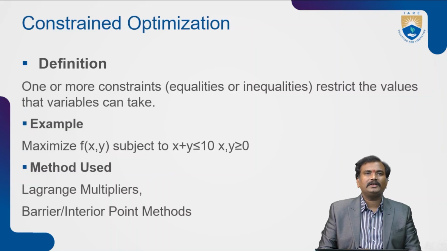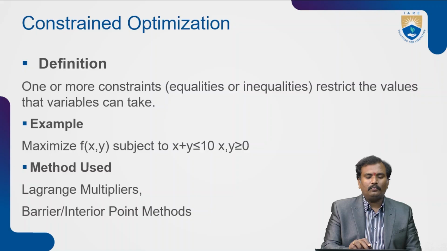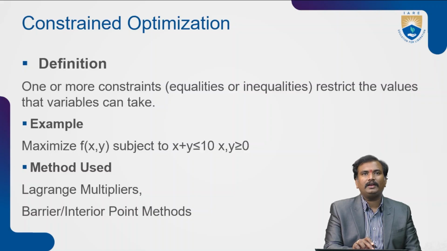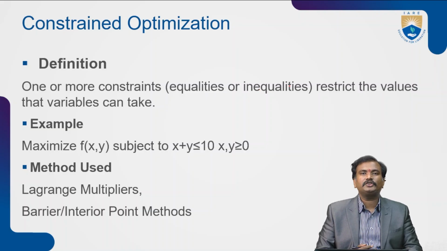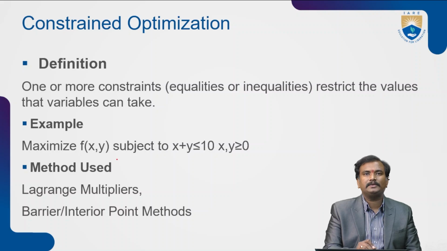And constrained optimization is whenever we have one or more constraints, equalities or inequalities, that is, whether we have less than, greater than or equal to, we can call that particular optimization constrained optimization.